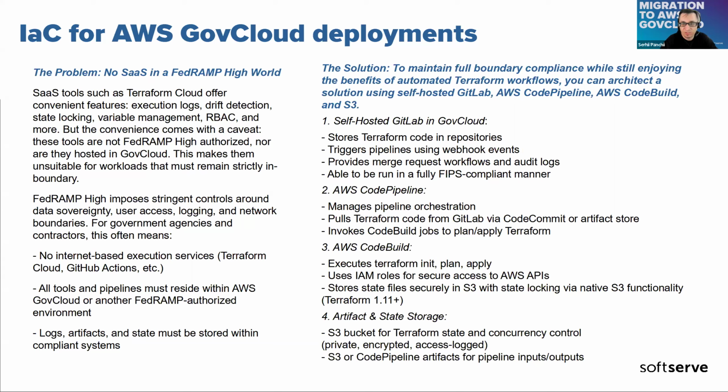We can use AWS-specific CI/CD services or build our own services in the GovCloud boundary, like self-hosted GitLab and a self-hosted Artifactory solution on AWS GovCloud for executing CI/CD pipelines and storing artifacts as needed.